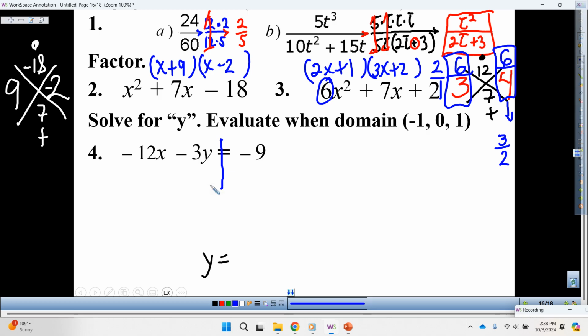All right. So we need to leave Y by itself. So what do we do? Adrian, what do we do? That'll be the last step. Before that, we need to get rid of negative 12x. Yes, add 12x, add 12x. We end up with, yes?